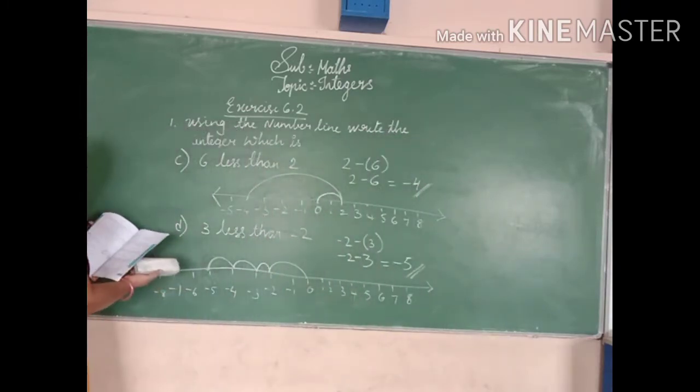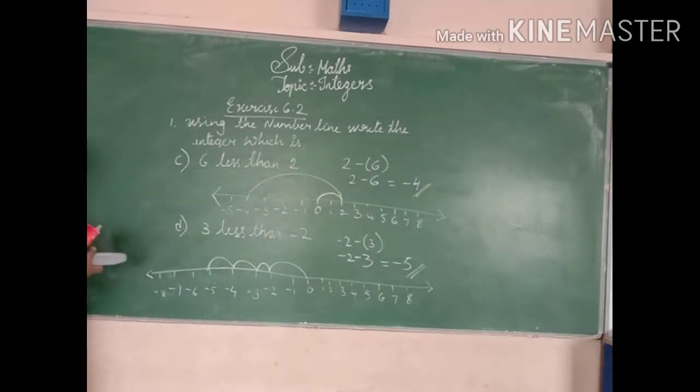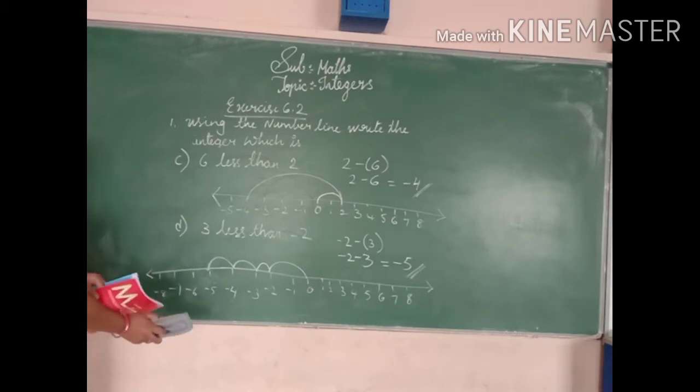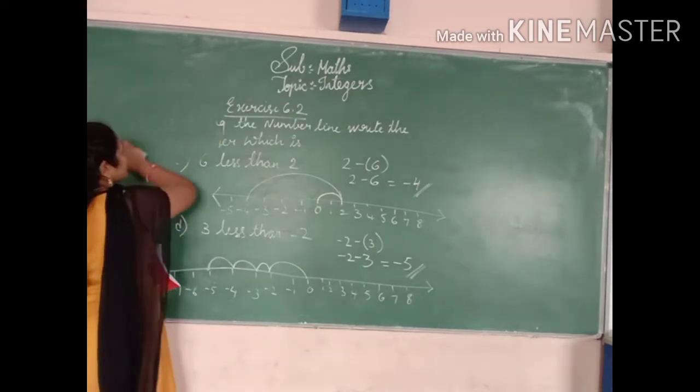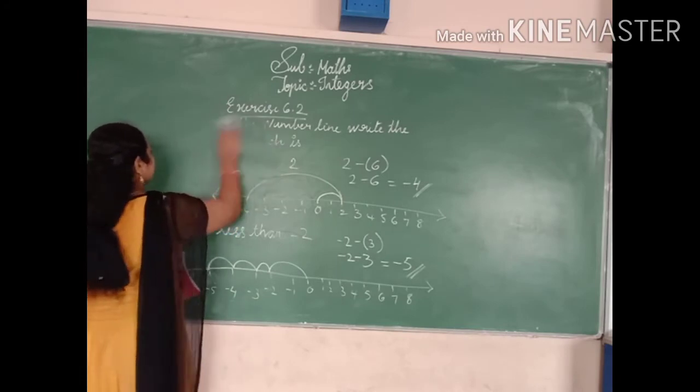The first one, using the number line, write the integers. So look at the second one: use number line and add the following integers. Again for the second one also we are going to use the number line only.